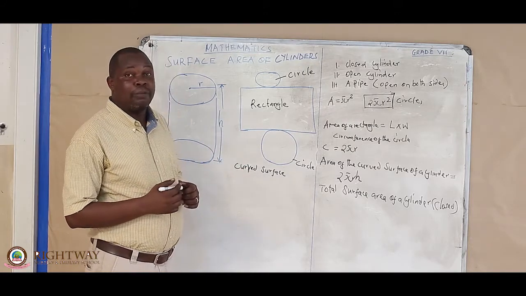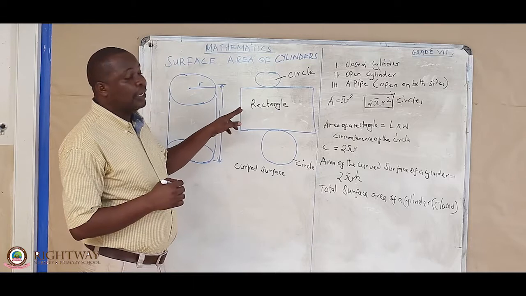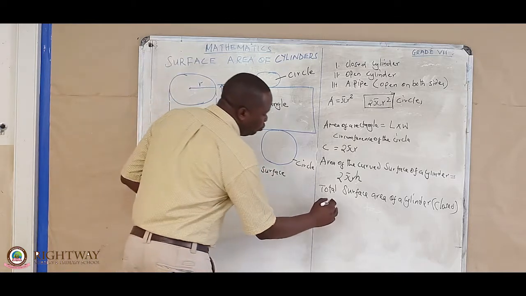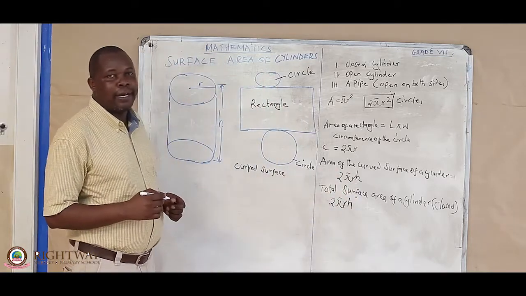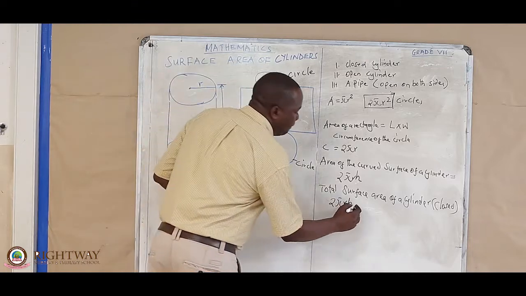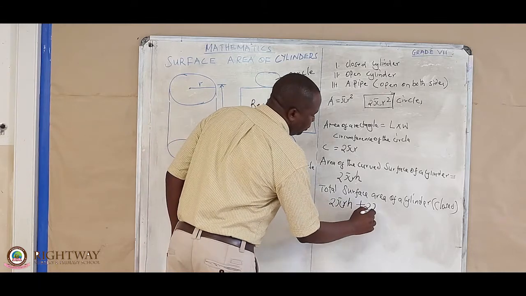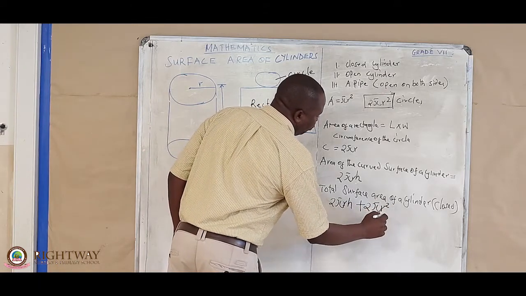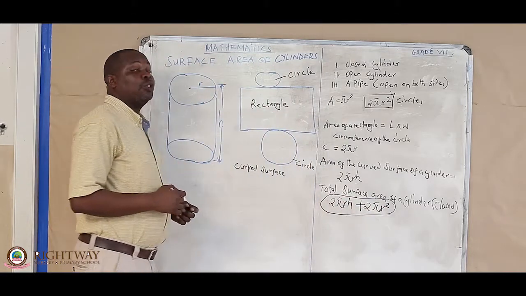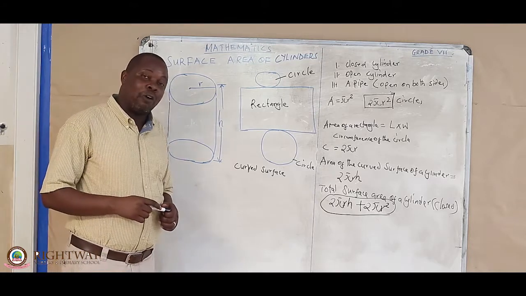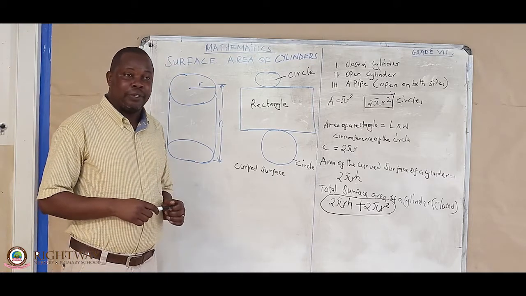For a cylinder which is closed on both sides, the surface area will be the area of the curved surface, which is 2 pi r h, plus 2 pi r squared. That gives you the total surface area of a closed cylinder. Are we there, people? Good.